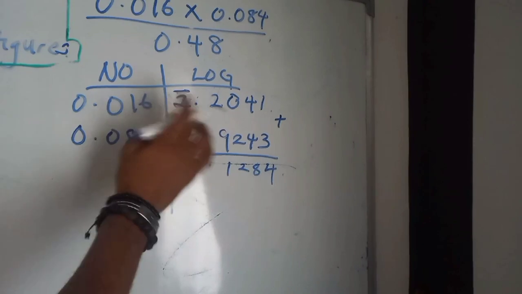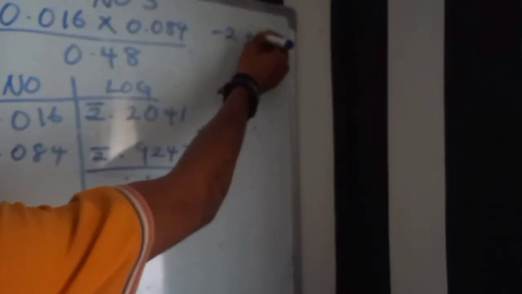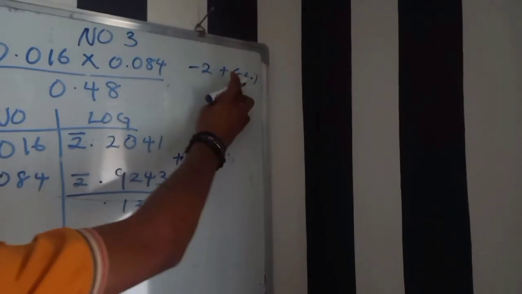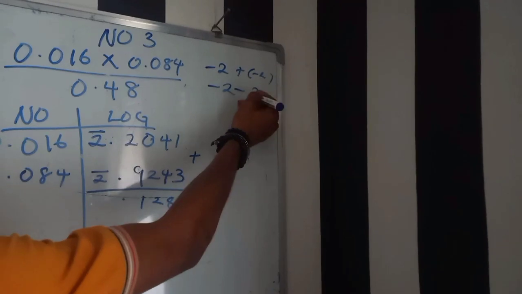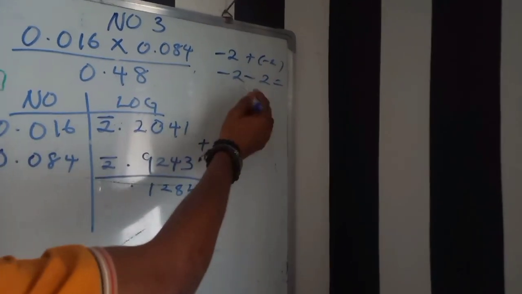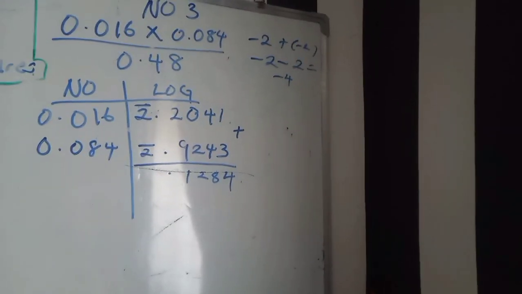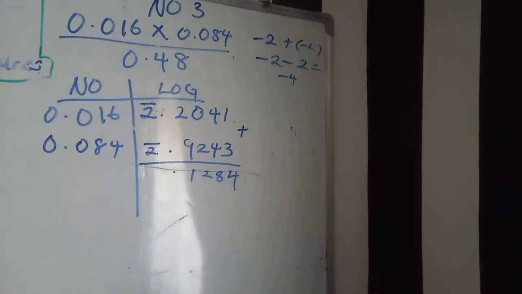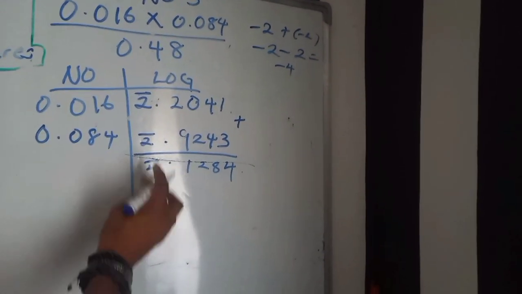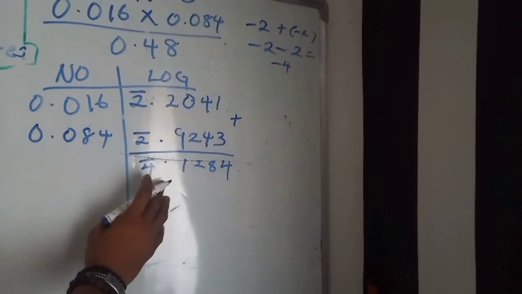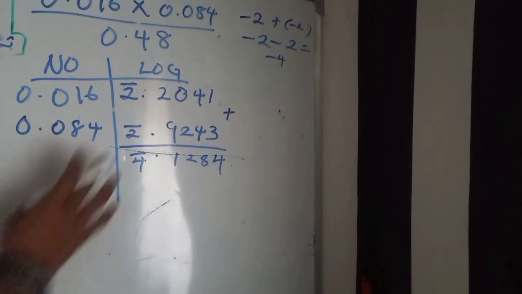This is just your normal number line, signs, additions and subtractions. So it's bar 4.